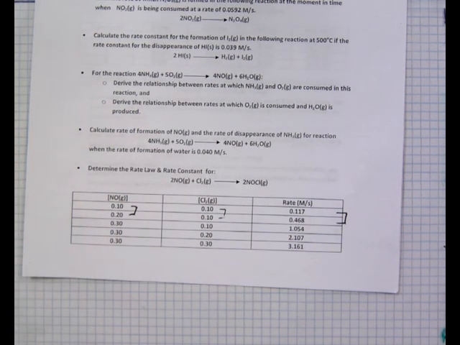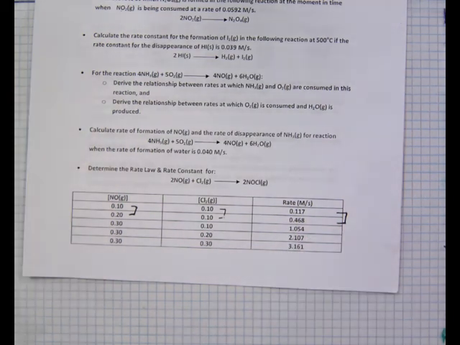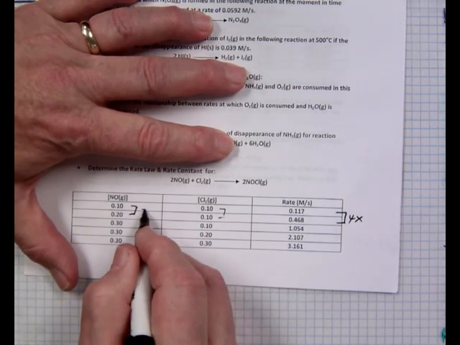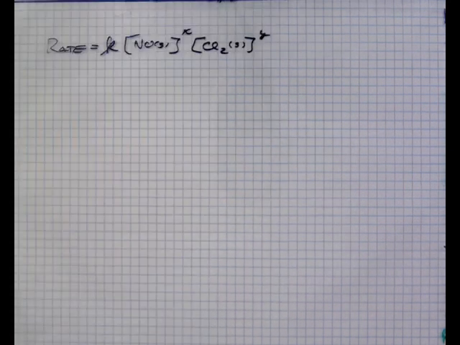Most of you can probably just visualize it: 0.468 divided by 0.117 gives me 4. It went up 4 times with a 2 times increase in concentration. A double concentration, but the rate went up 4 times. What is the conclusion? Second order, because we already looked at that earlier.